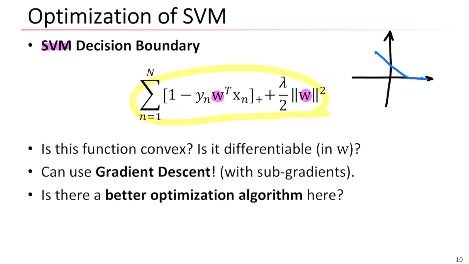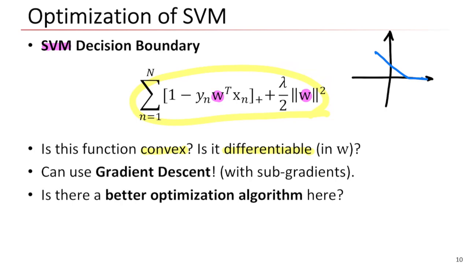So there are two concepts: the convexity and differentiability. What is the convexity and what is the differentiability? Actually, these two concepts are out of scope of this lecture, but they are very important concepts in optimization techniques. So if you have some chance, please try to understand them.